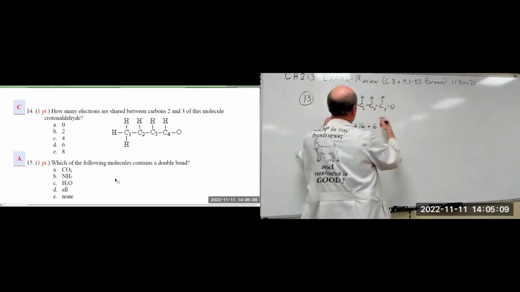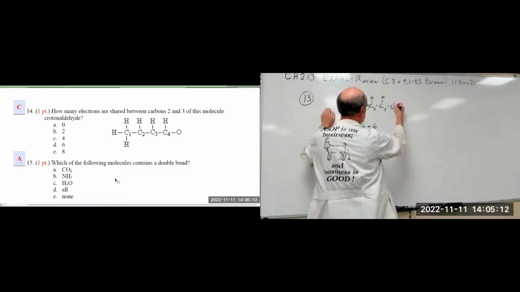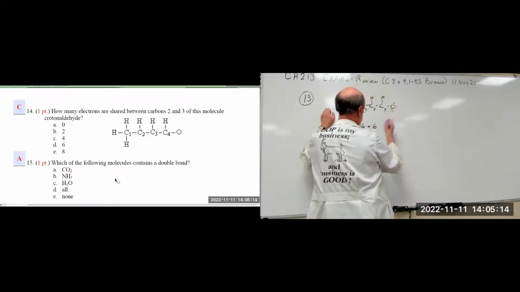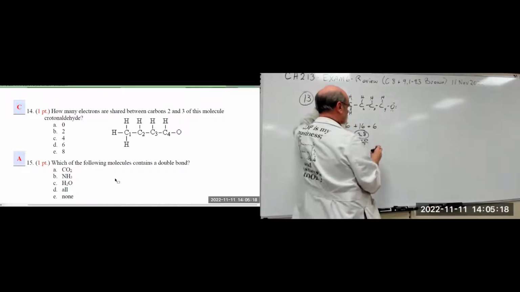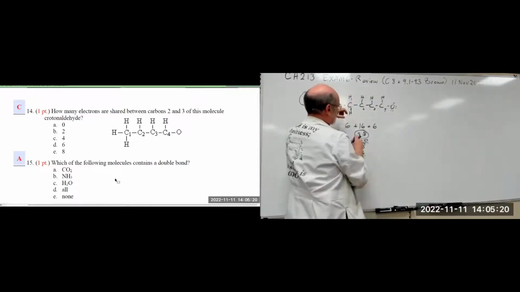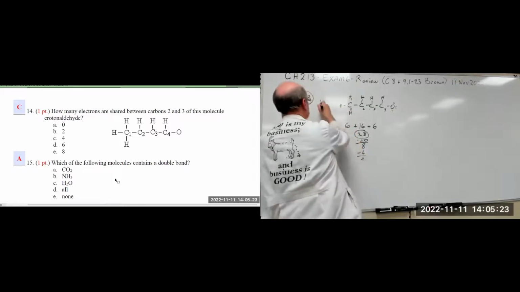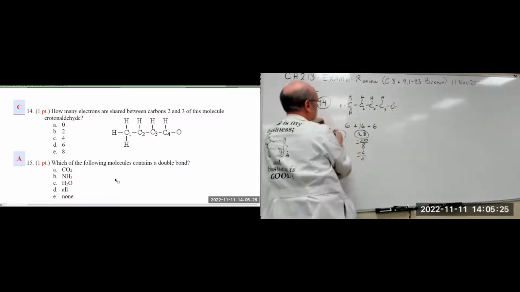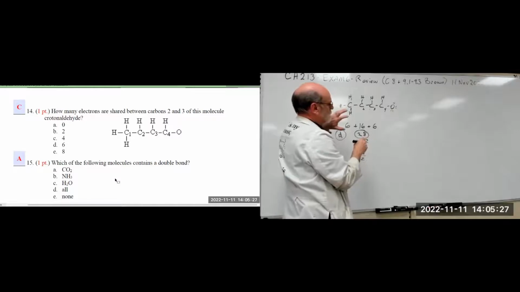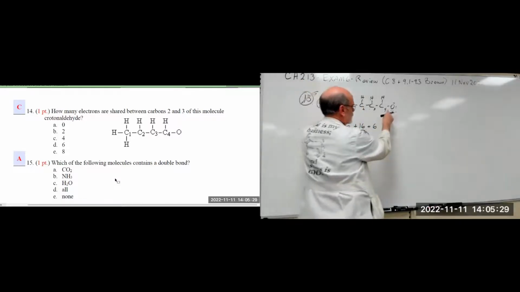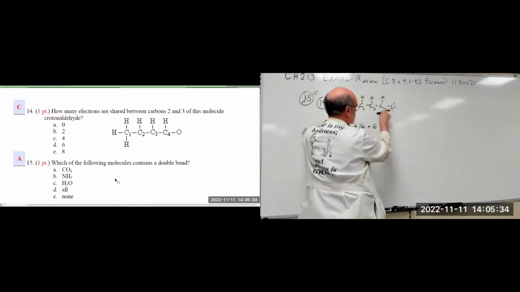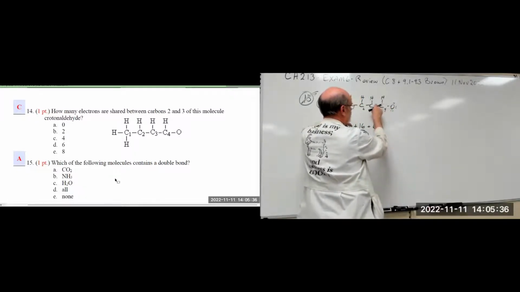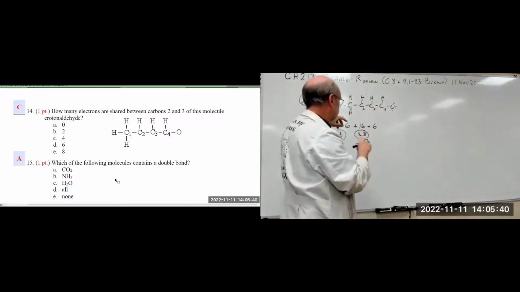So we start from the outside and work our way in. 2 electrons. Where do the 2 go? Well, if you're looking at forming octets for everything, notice there's an octet here already. 2, 4, 6 here, 2, 4, 6 there, 2, 4, 6 there.